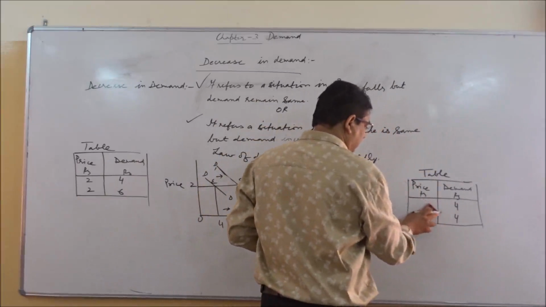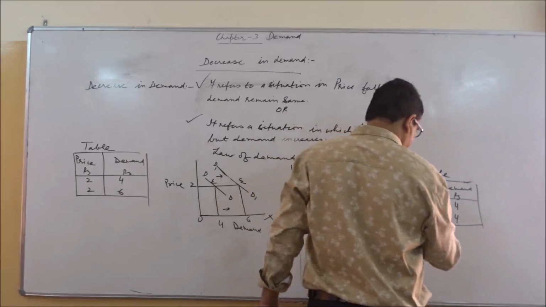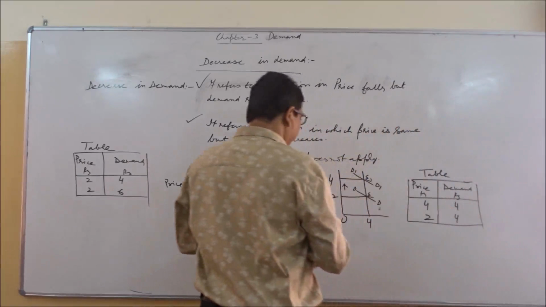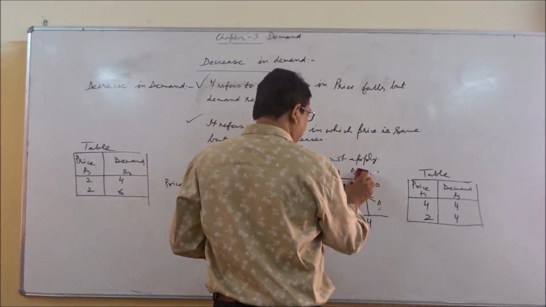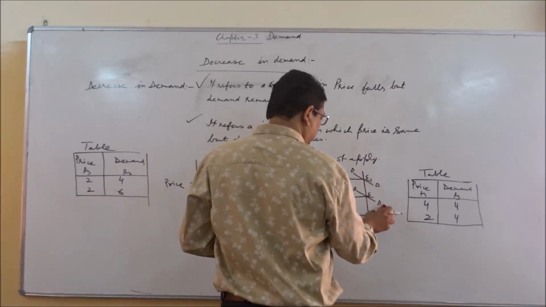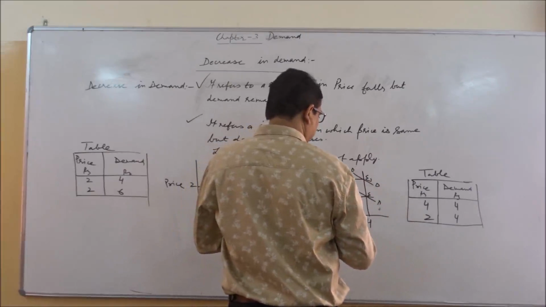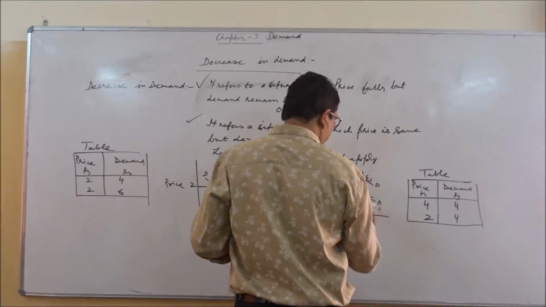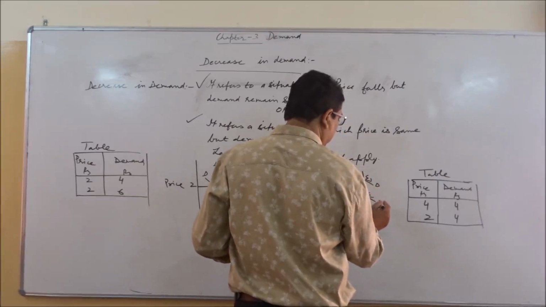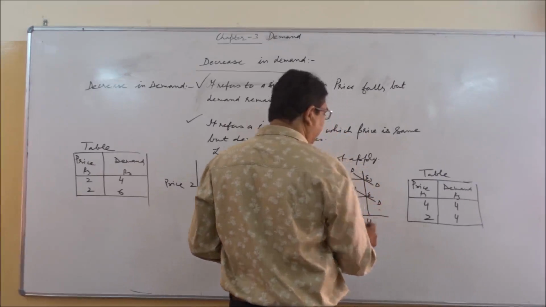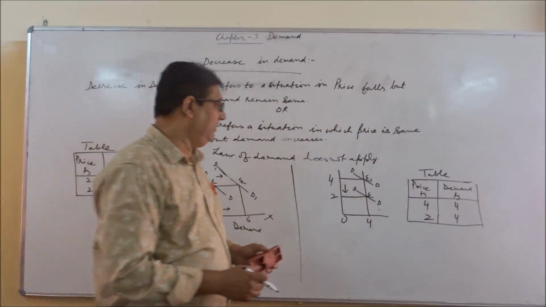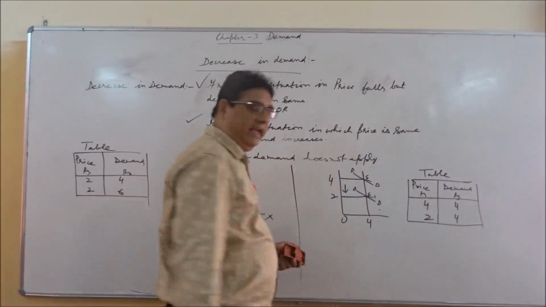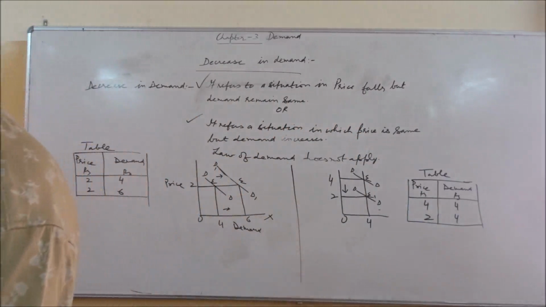That is this case, first case, 4 to 2. Price has fallen, but demand is fixed, that is 4. But the law of demand states when the price will fall, demand will rise. Hence, law of demand does not apply in this case.